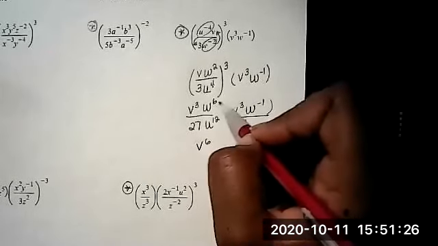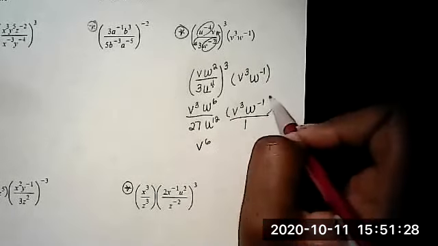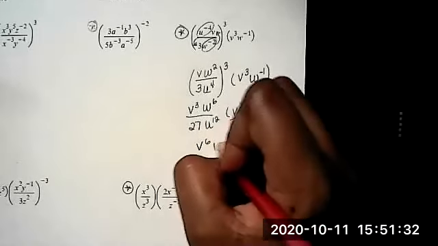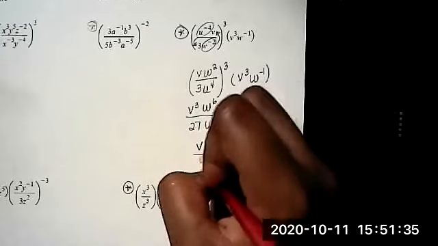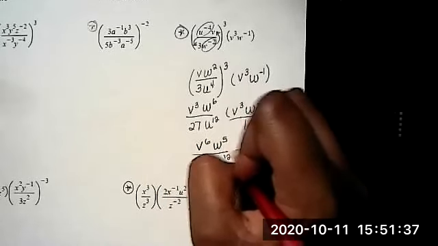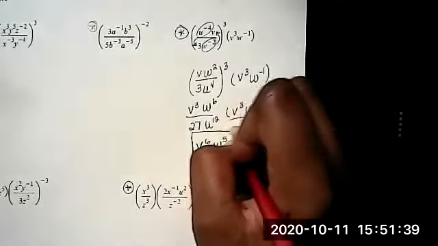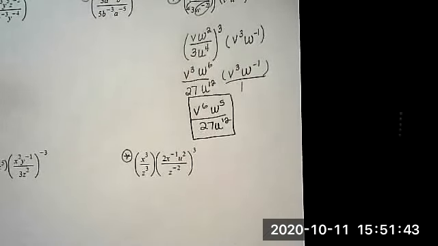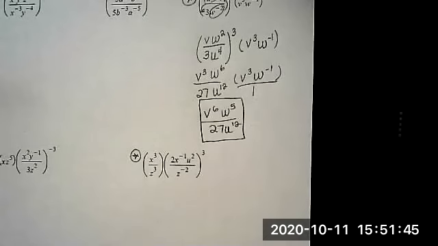And this is W to the 6th plus negative 1, or minus 1, which is W to the 5th. And then that 27 U to the 12th is still at the bottom. That's my answer. It wasn't as much work to get through, but it still took some time.